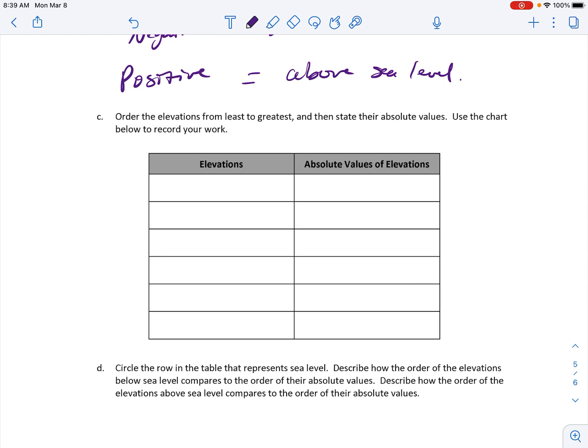Okay, now it says order the elevations from least to greatest and then state their absolute values. Use the chart from below to record your work. Okay, so from least to greatest, from top to bottom, we're going to start with the least. So it's negative 282. Okay, the absolute value is 282. Then we have negative 227. The absolute value is 227.